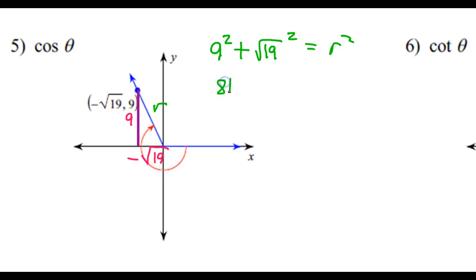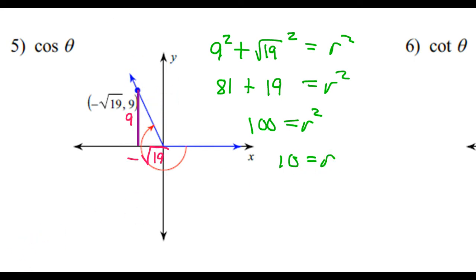So that's going to be 81 plus. Now, when you have a radical, a square root, and you square it, the radical just goes away. So that's going to be plus 19 is equal to the radius squared. Now 81 plus 19 is 100, which means that the radius is 10.